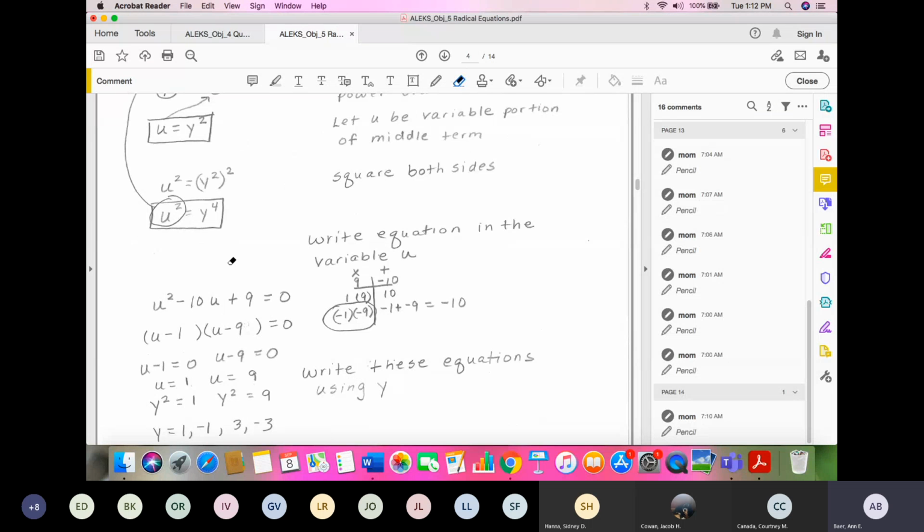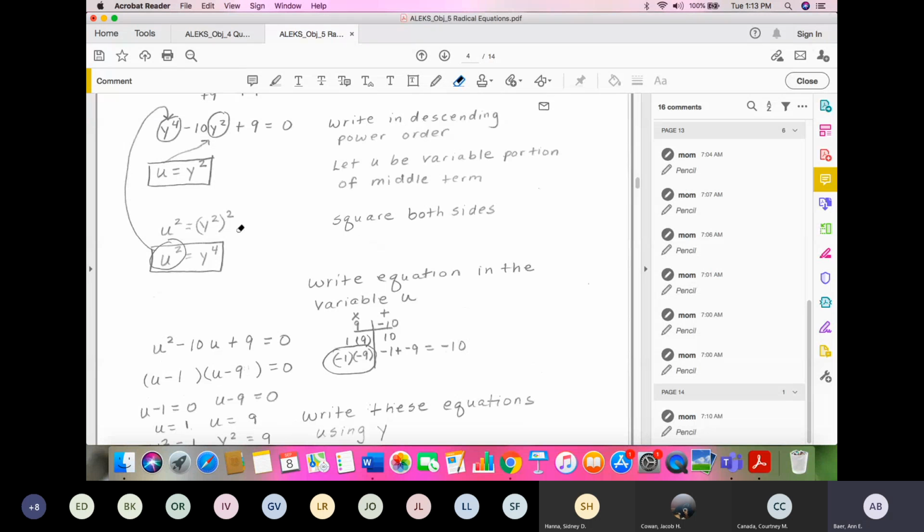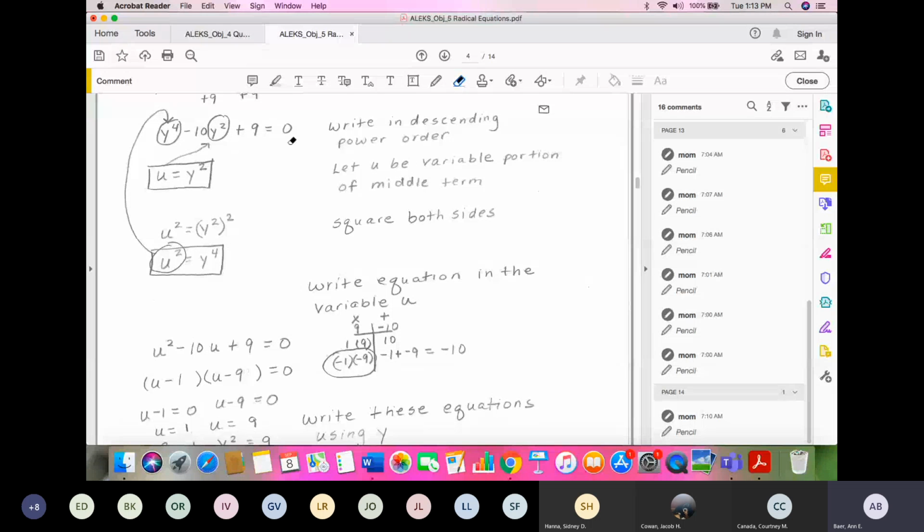Okay, so after we get these two relationships, let's back up to here. Then we're going to take our equation and turn it into an equation in the variable U, or whatever your favorite variable is. Obviously, you don't want to pick a variable the same as what the original problem was in.